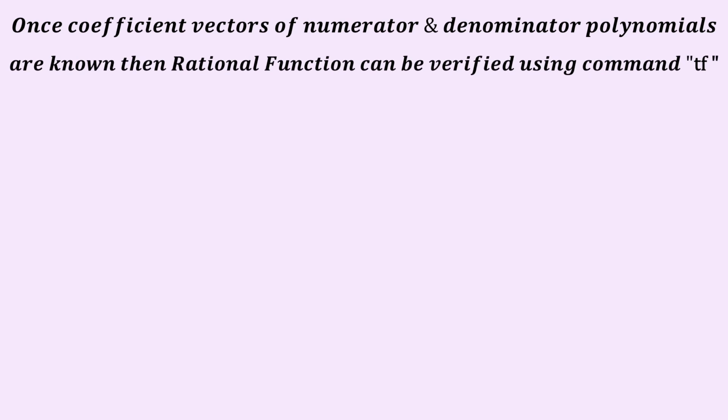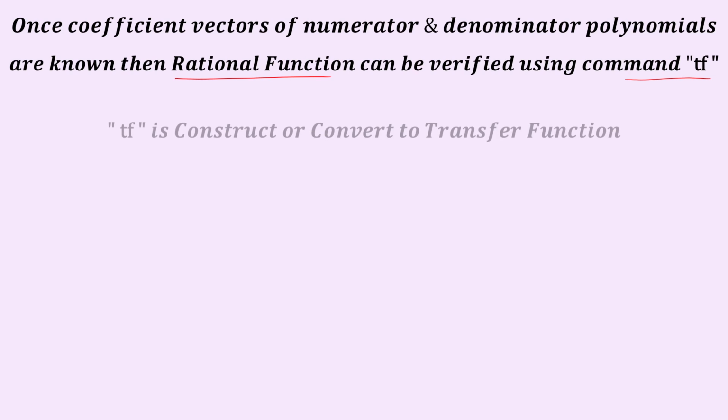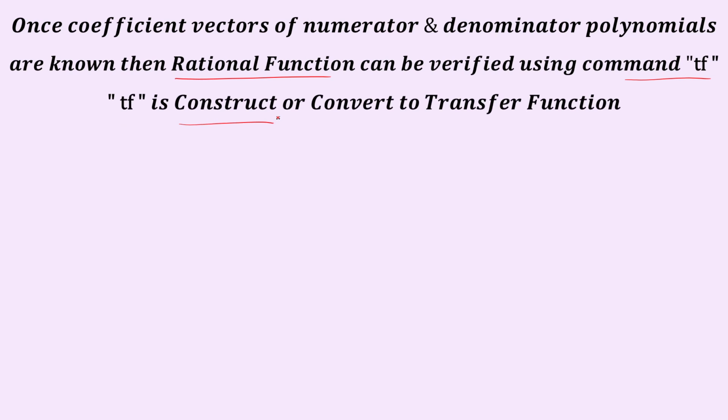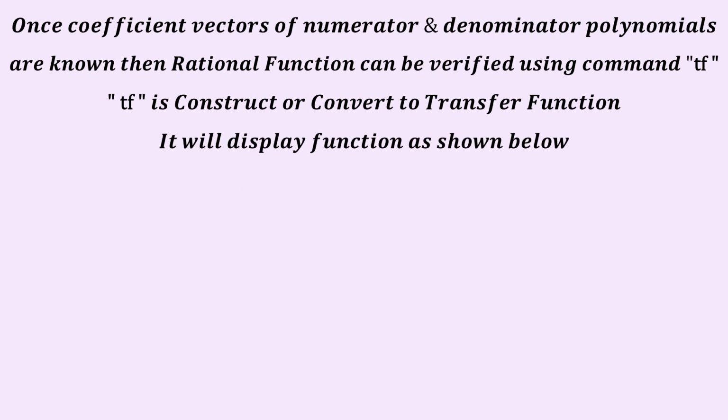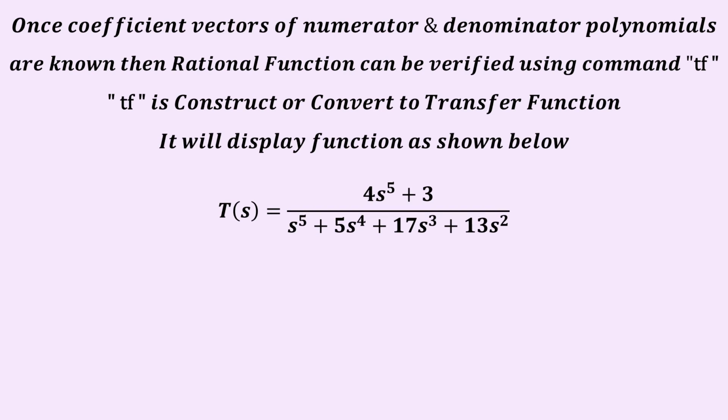Once the coefficient vectors of the numerator and denominator polynomials are known, we can find the rational function using the command tf. So tf is used to construct or convert to a transfer function. It will convert these coefficient vectors into a continuous-time transfer function, and it will be shown like this.